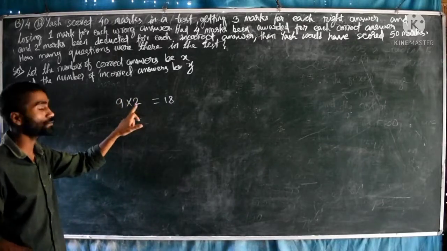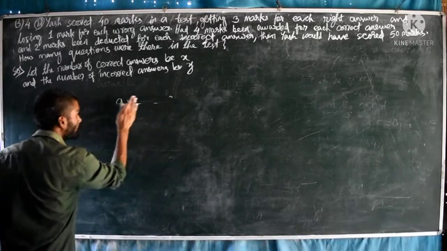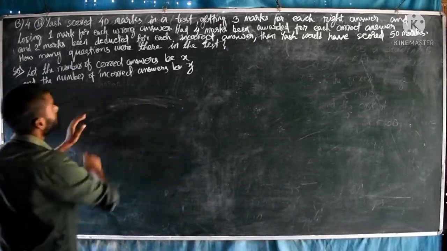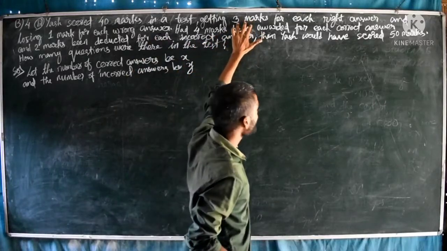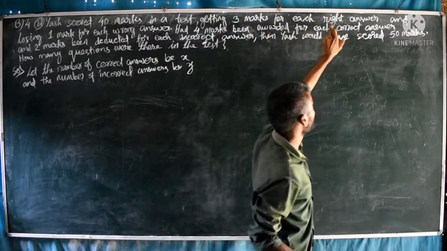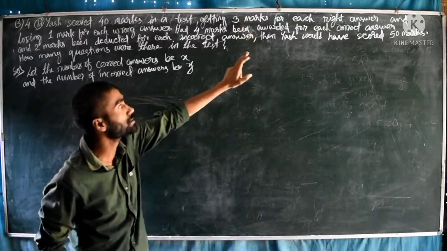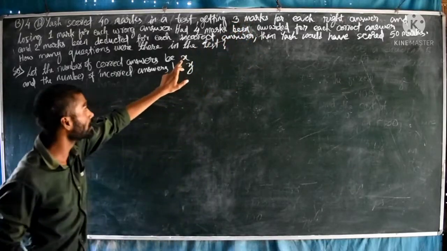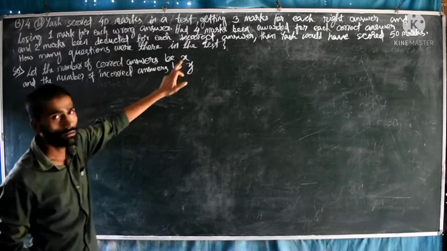That means 2 marks for each question, then we get the total. The same thing we are going to do here also: the 3 marks for each right answer, we multiply with the number of correct answers. Alright?